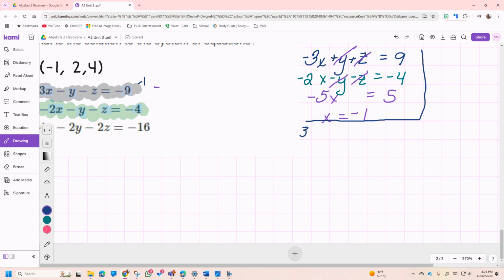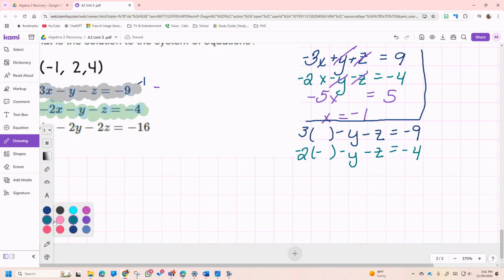So 3 times -1 minus y minus z equals -9. Just stay with me, I'm going to do each one. -2, I'm going to plug in my -1, minus y minus z equals -4.